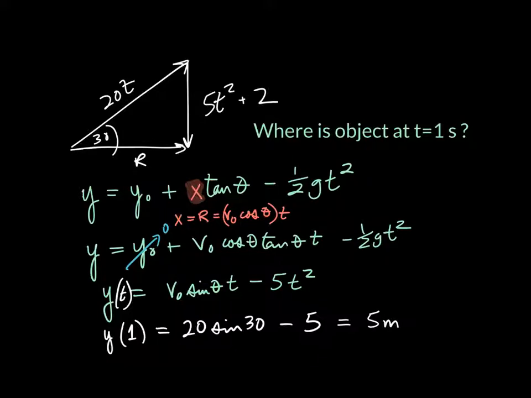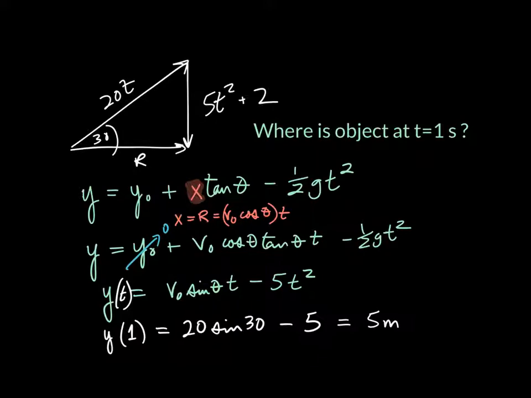Because sine 30 is half, half of 20 is 10, 10 minus 5 is 5. So 1 second after launch, this projectile will be 5 meters off the ground. And we know from the other part of the problem that 0.8 seconds later, it's going to be 2 meters off the ground. I don't know what its peak height is, we didn't address that, but we could use some other equation for that.